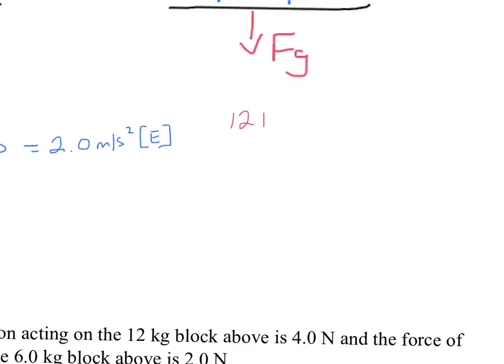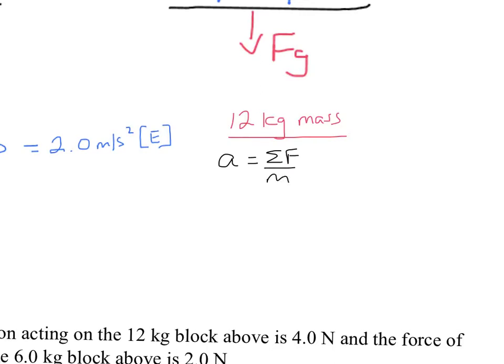So I'm going to write down 12 kilogram mass. So if I take a look at the 12 kilogram mass, once again, we know that it's going to be accelerating. Therefore, let me just change the color of my marker here. Therefore, the acceleration of that mass has to be equal to some net force over mass.